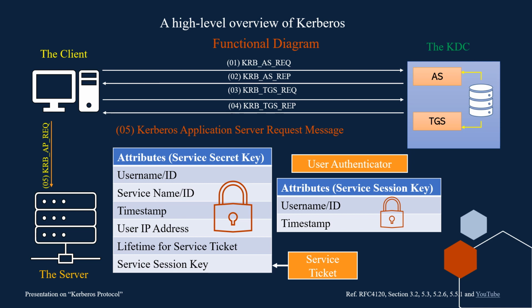If there is not any, it will add the username to its cache and maintain it to prevent itself from the replay attack. Then it will generate another message that is called the service authenticator and send it to the client for validation and seamless services.